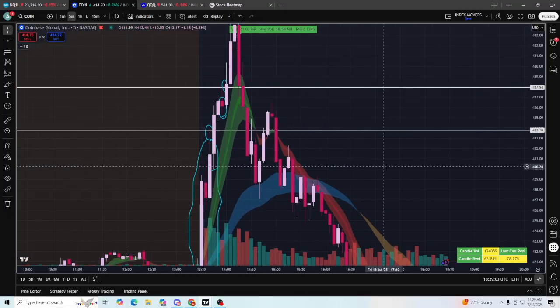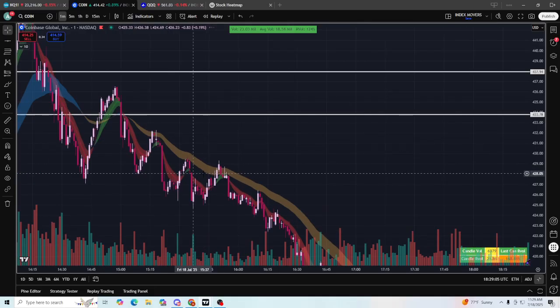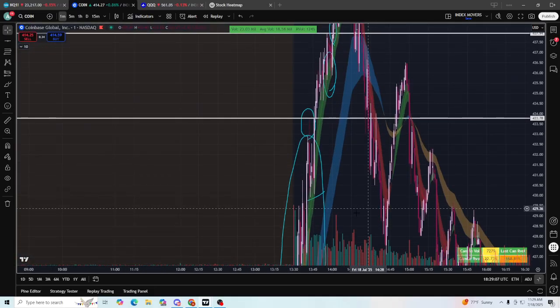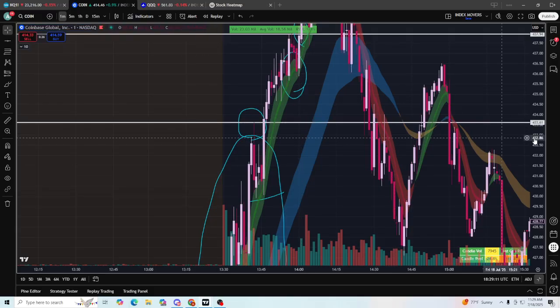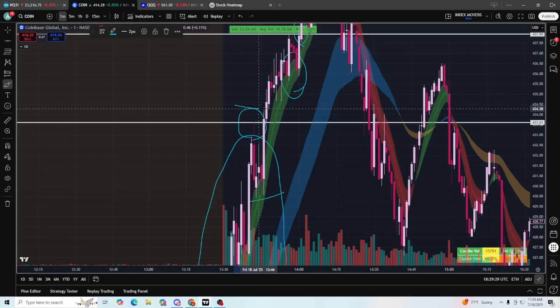So obviously, let's go back down to the hourly. 433.61 was that opening range high. So let's say you were a dummy and got in where I circled earlier, boom, you got stopped out here. But if you waited, not like a dummy, for that retest, let's just say your second entry was there.